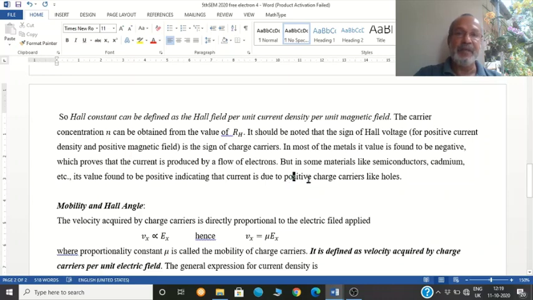Especially in the study of semiconductors, we can determine many things about the nature of charge carriers which are responsible for conduction. So that is another application of Hall effect. We can determine the nature of the charge carriers producing the current in a material.